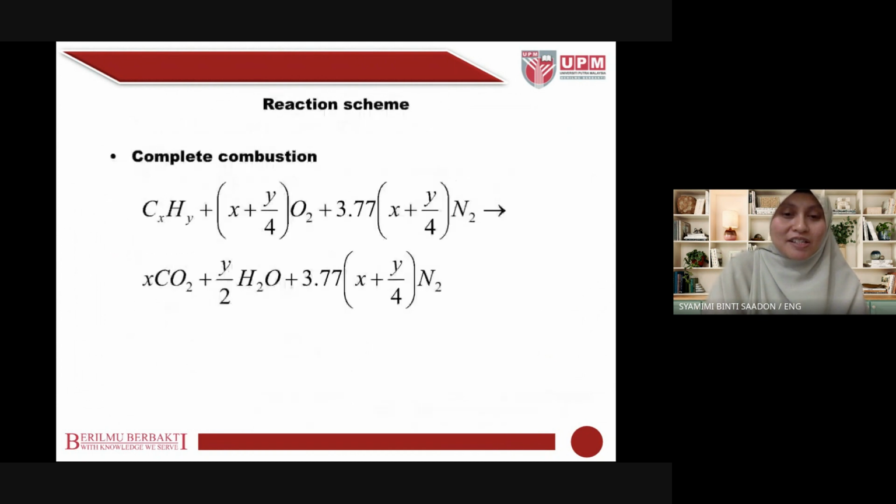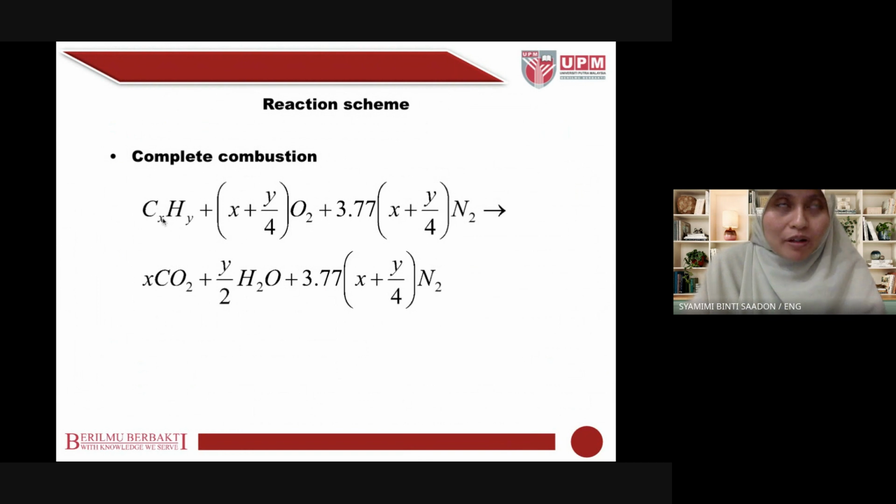I think the rest is just some example of a chemical equation reaction of the fuel and the air. If you want to write a chemical equation of the combustion process, it depends on how much carbon and hydrogen, hydrocarbon fuel we have, and then this is the formula.